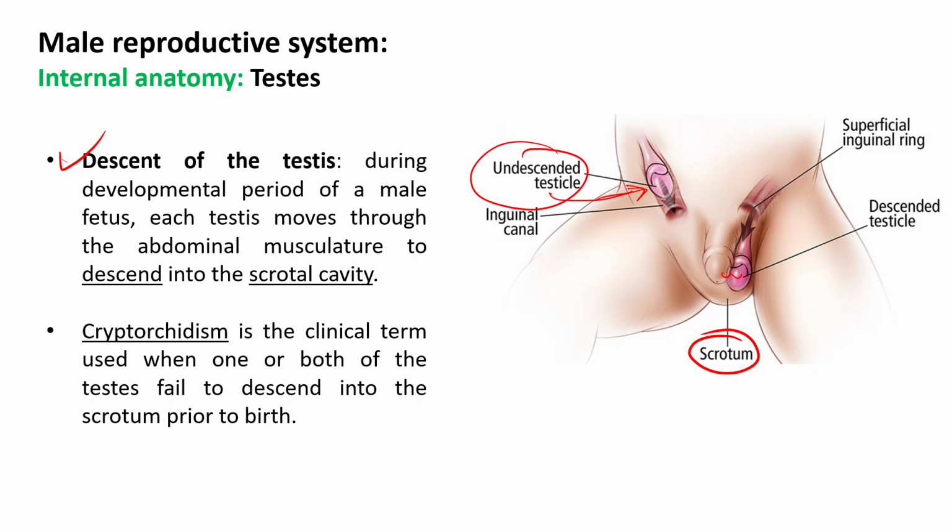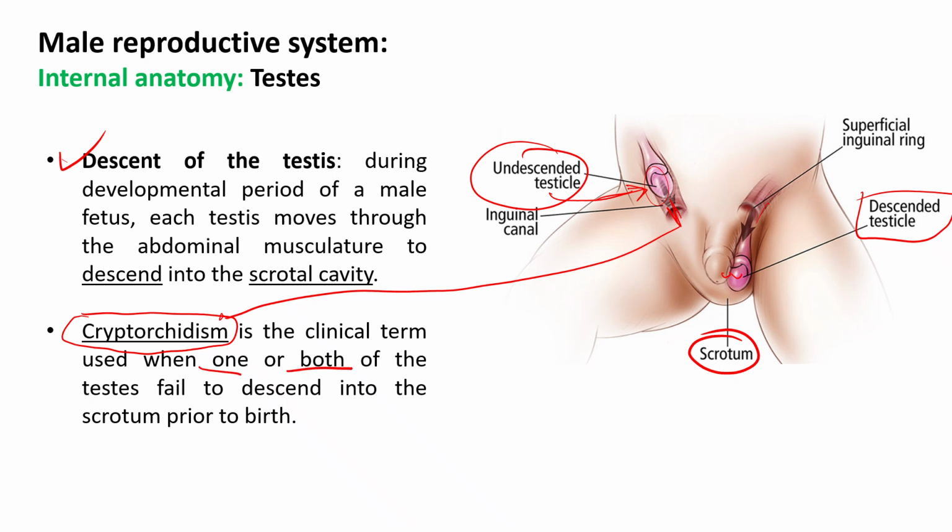And part of the physical exam consists of looking at the scrotum and seeing if both testicles are descended. If one of them is not in the scrotal sac or in the inguinal canal, or both, the medical term for that is cryptorchidism. So cryptorchidism is the clinical term used when one or both of the testes fail to descend into the scrotum.